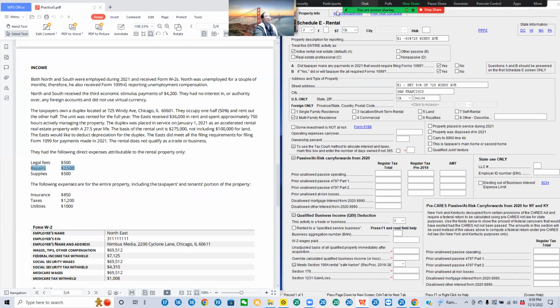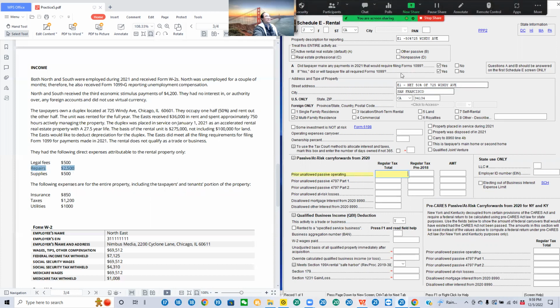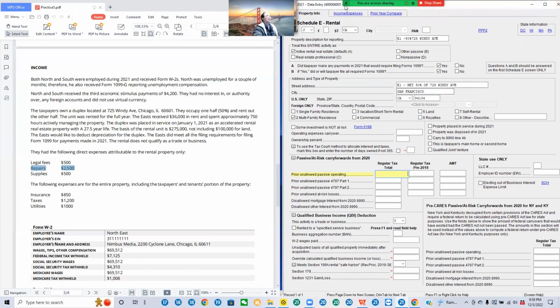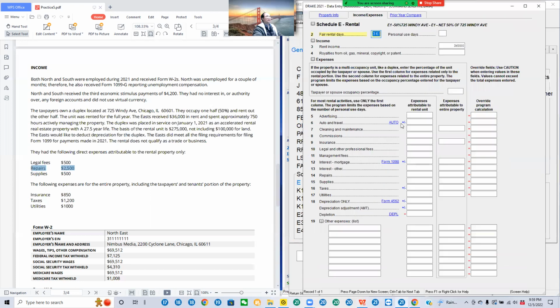So now we go back to the second tab under income and expenses, right? Okay, so now come back here, right here. So you see the far left column, there's a number there. Now, we first look up here, is there anything talking about expenses?